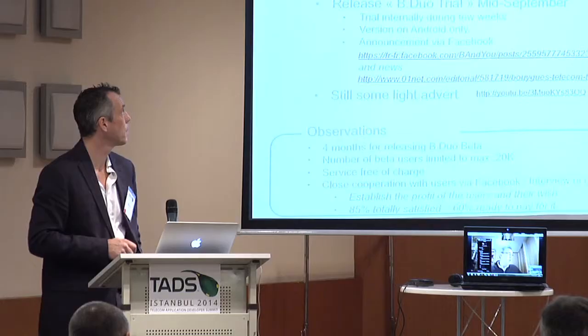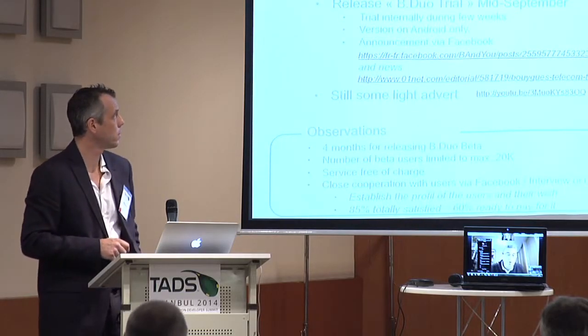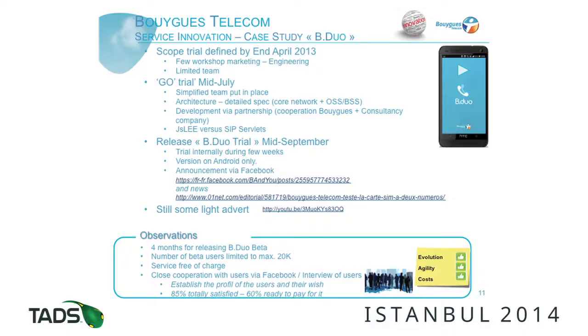Okay? Next slide. Now I will speak about one service that we have done among 6 services that we have released, and there are still 4 or 5 in the pipe. I will speak about a service called Video.